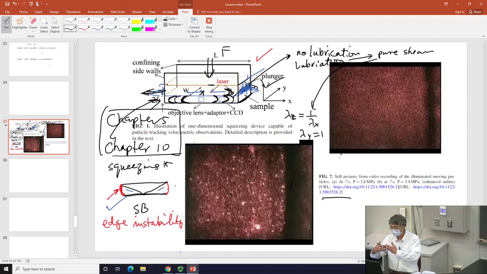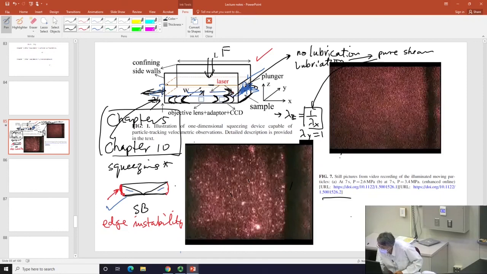And my decrease in the gap, it's a funny choice I had. I had a gap height as z. So the decrease in z is a result of lengthening in the x direction. So this is called pure shear.